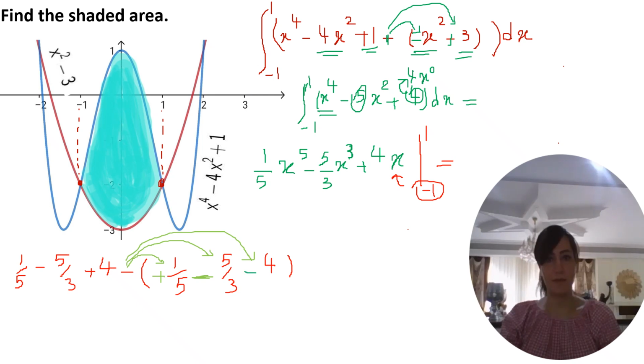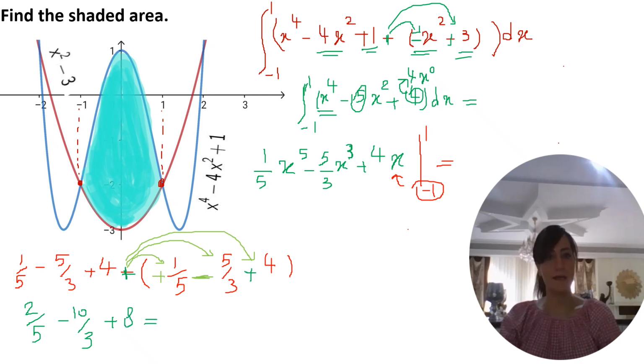So I have 1 over 5 plus 1 over 5, which gives me 2/5. And negative 5/3 plus negative 5/3 gives me -10/3. Positive 4 and positive 4 gives me 8.